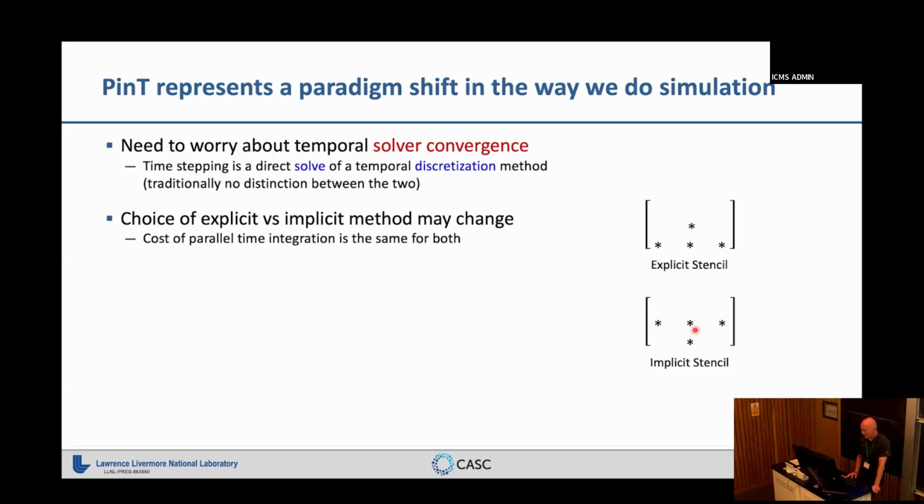And here's implicit, where you have to solve a system that's tridiagonal, just to show it here. From a multigrid perspective or any sort of space-time perspective, this is just a 4-point stencil that approximates the same PDE, and so the algorithms for solving these are computationally similar. So people will make different choices in the future because of that.